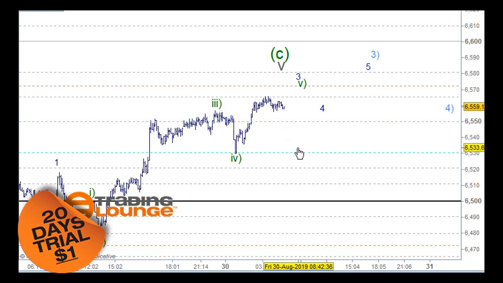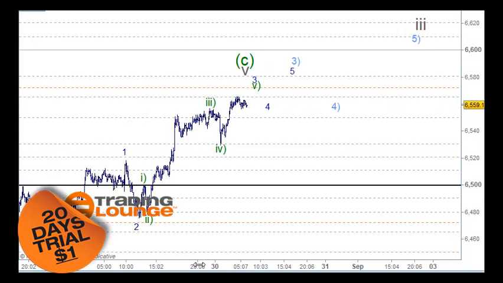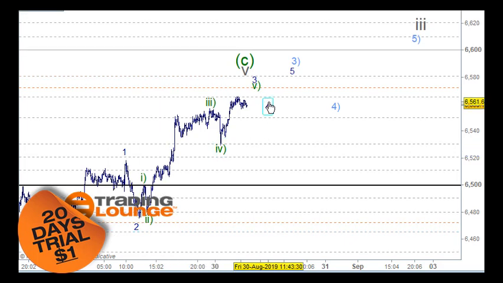So that's where it gets a little bit tricky. At what point do we look to short this scenario here? Even if wave 4's breached a little bit, it doesn't really mean that it's finished at that point. This wave 4 can pull back to the wave 4 of one lesser degree here as well.